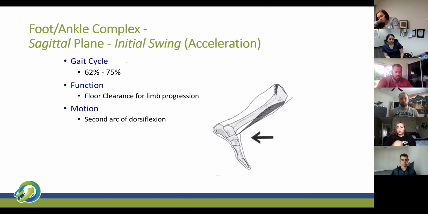And that's going to continue pretty much until the late swing, once the limb has already cleared. So you're going to see a similar pattern in both initial swing and mid swing. So what muscles do you think are activating during this phase?